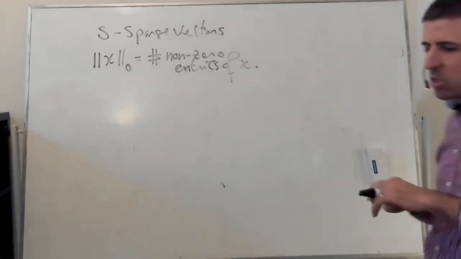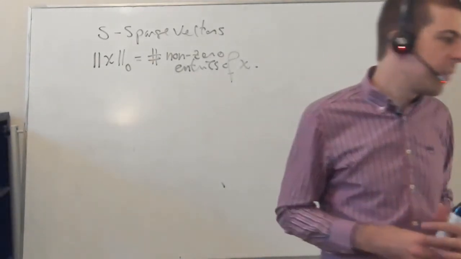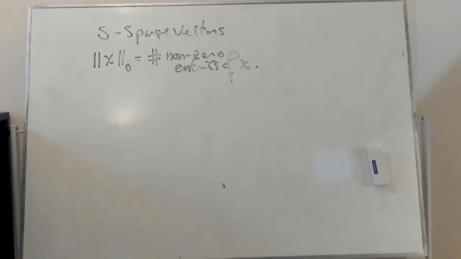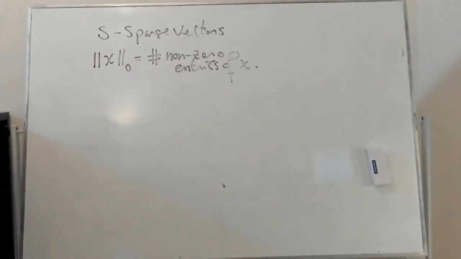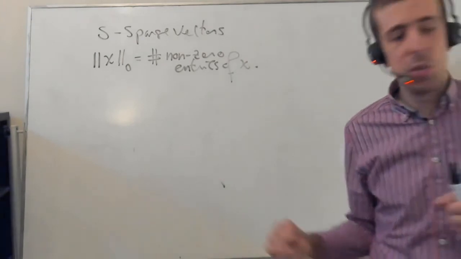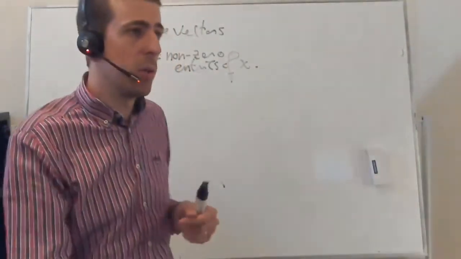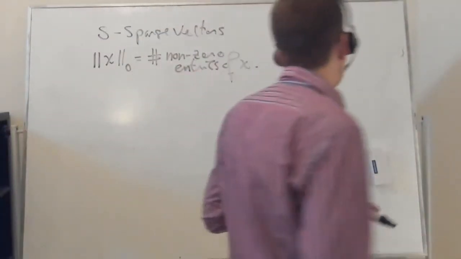If you try to save an image in a format that keeps the value of every pixel, like BMP maybe, you'll see that it occupies a lot more than if you use JPEG. What JPEG 2000 does is a change of basis to the wavelet basis. In the wavelet basis, because natural images tend to be sparse, there'll be a bunch of zeros. So it just deletes all those zeros and keeps the non-zero entries and their locations.